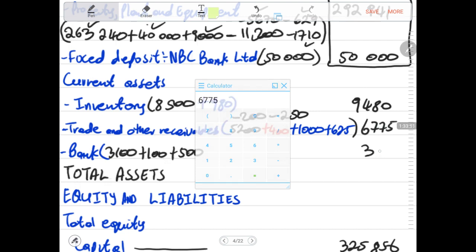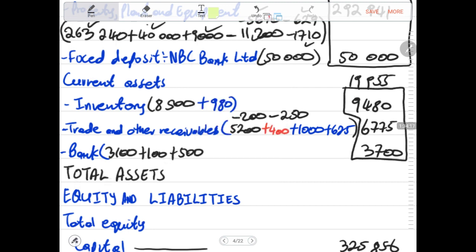Bank will be 3,700 plus 9,480, 19,955. And again, don't forget to draw the line there.